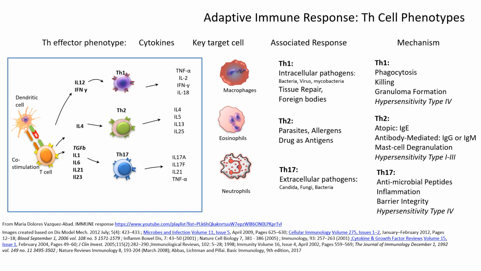This is also one of the potential mechanisms for hypersensitivity type 4. So hypersensitivity type 4, which is also called delayed type hypersensitivity, could be either a Th1 or a Th17 response. Hypersensitivities types 1, 2, 3 are, on the other hand, Th2 responses.